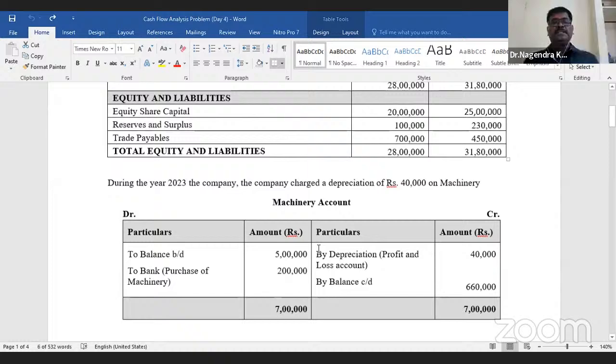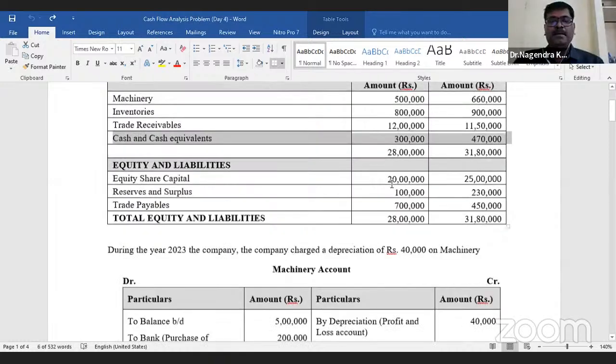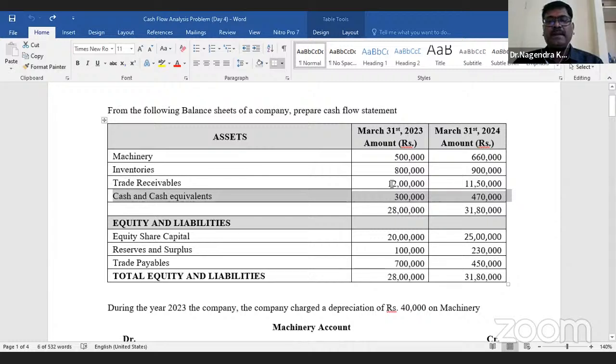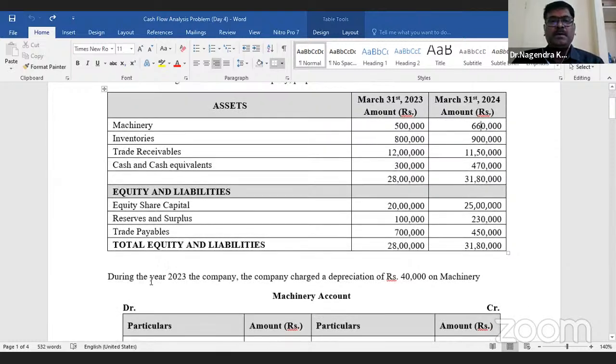Here we have been given an adjustment for the machinery. Let us see. We have a machinery costing 5 lakh rupees, and the same machinery was costing 6 lakh 60,000 rupees at the end of the year. During the year, we charged a depreciation of 40,000 on this machinery.